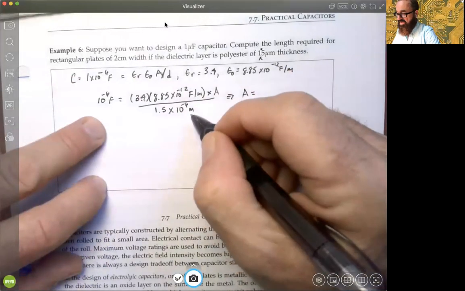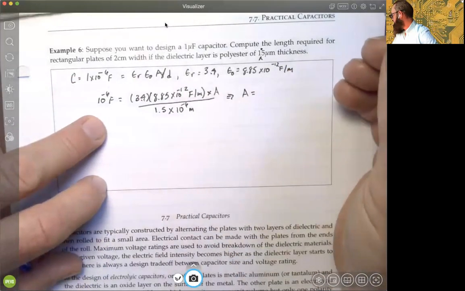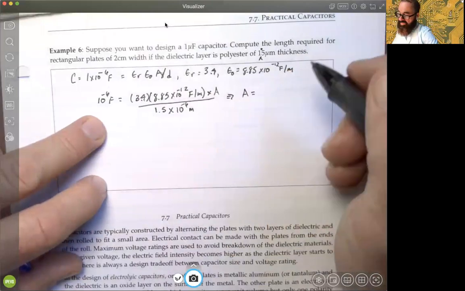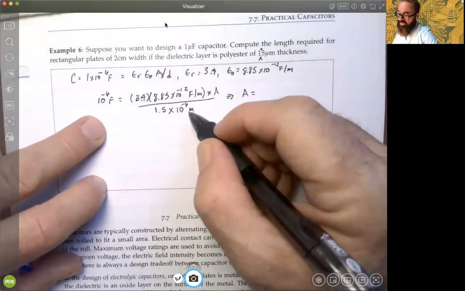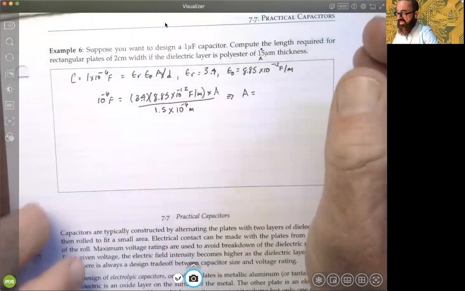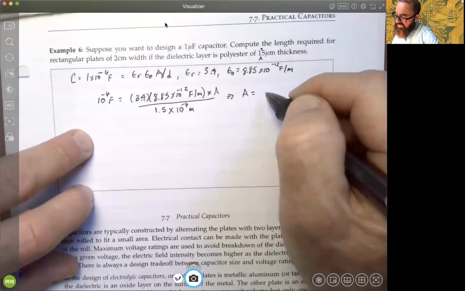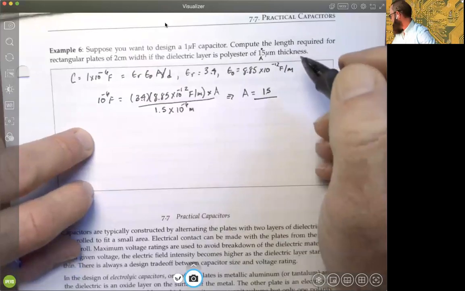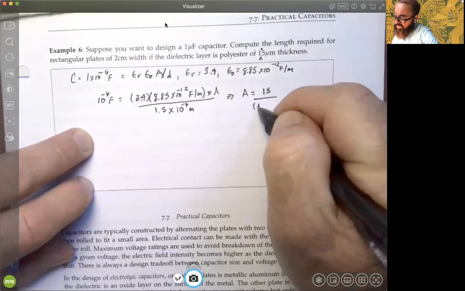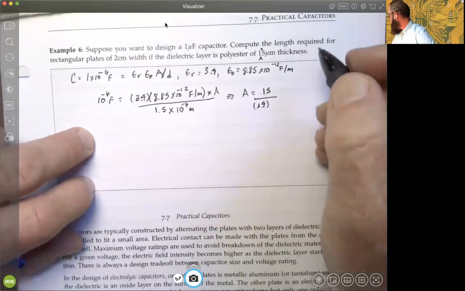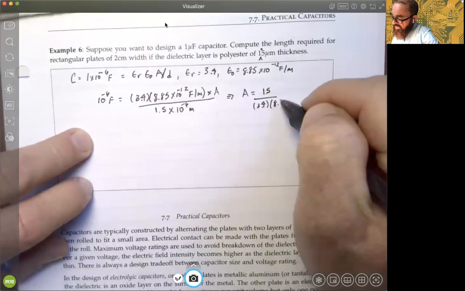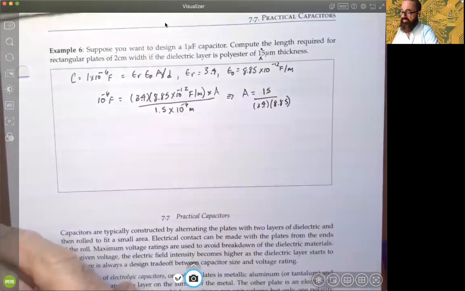you solve this, all the units will work out in terms of the farads dividing out, and you're going to end up with meters squared. You should get 15 divided by the 3.4, writing it that way, times the 8.85, okay?